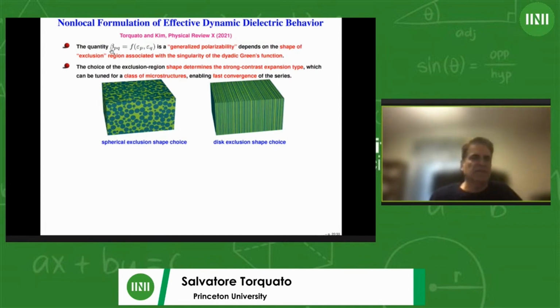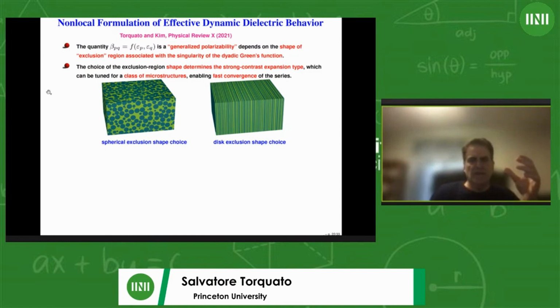And it turns out the thing that you have to realize is that this actually depends on the exclusion region associated with the singularity of the dyadic Green's function. So depending upon the choice of that shape of the exclusion region, you can get different expansions. And it turns out different structures demand different shapes to choose in order to get fast convergence of the series.